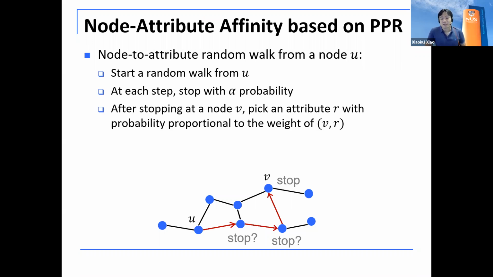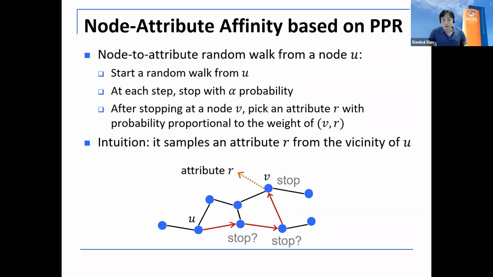We're going to look at the attributes that are associated with that node, let's say V. And then we're going to sample the attributes associated with V. And for each attribute, the probability of sampling it will be proportional to the weight between V and R. So in other words, if there is a stronger association between the nodes and the attribute, then there's a higher probability that the attribute will be picked.